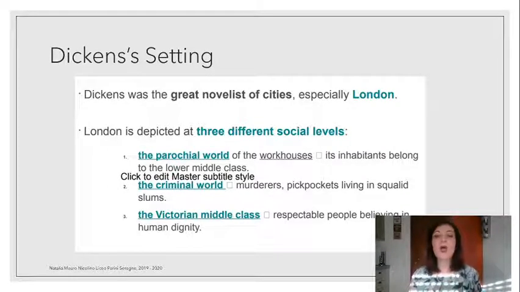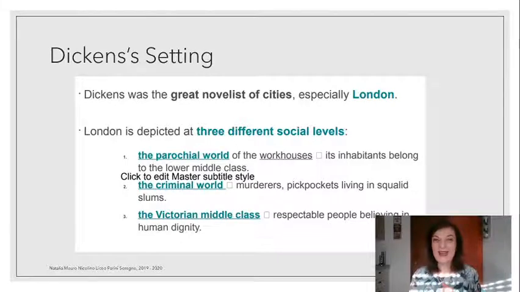So he describes respectable people who believe in human dignity, who belong to the middle class, who work hard, who make their own the values of Victorian society, the most important ones. You should remember them.